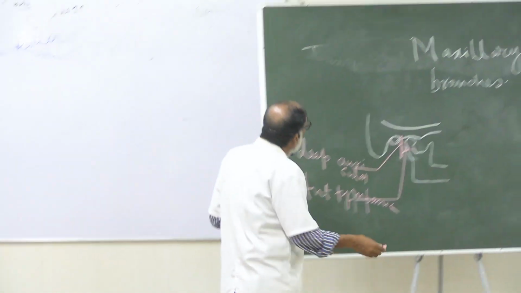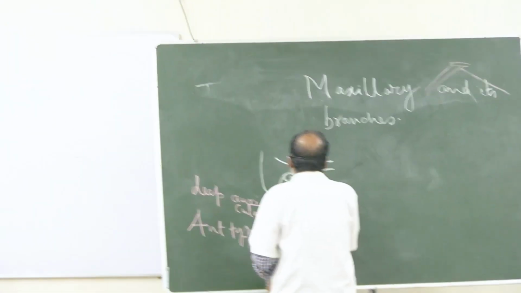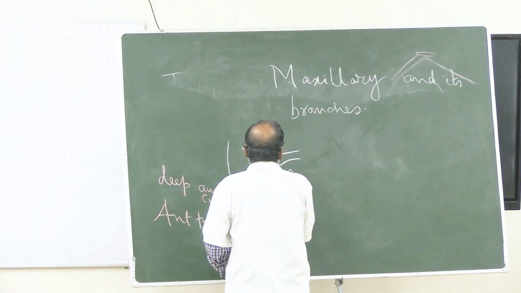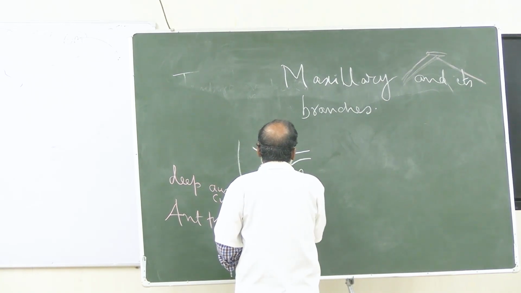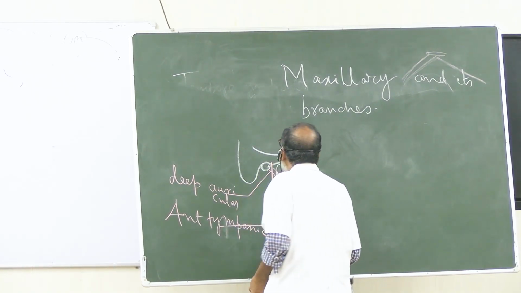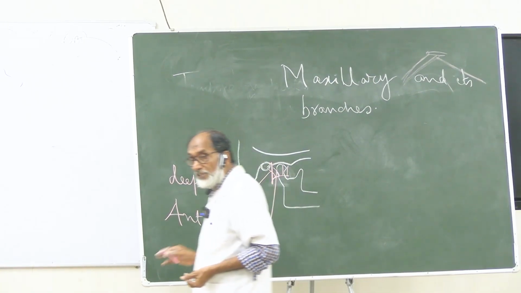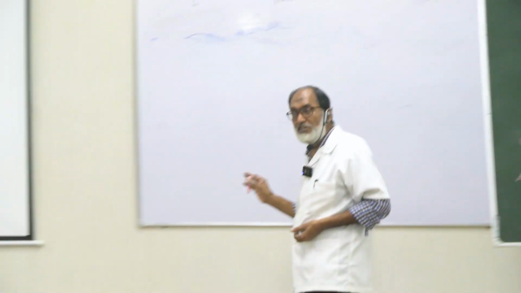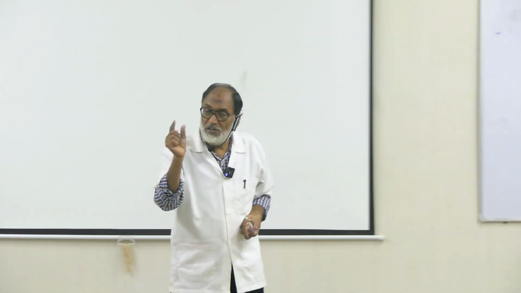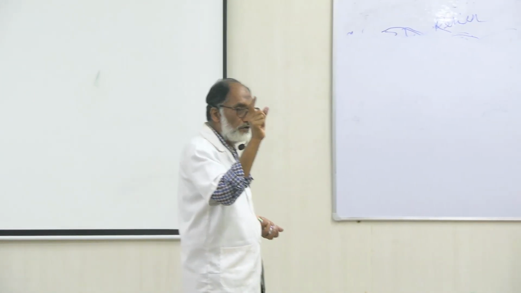Then another artery, that is the middle meningeal artery, and the accessory middle meningeal artery. Right? Now this middle meningeal artery will pass through which foramen?